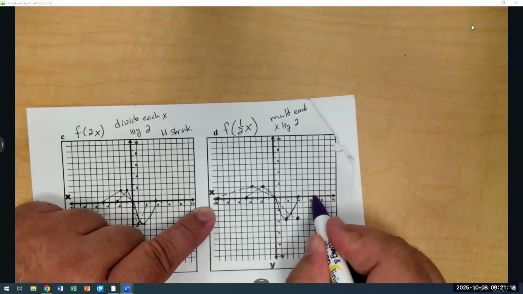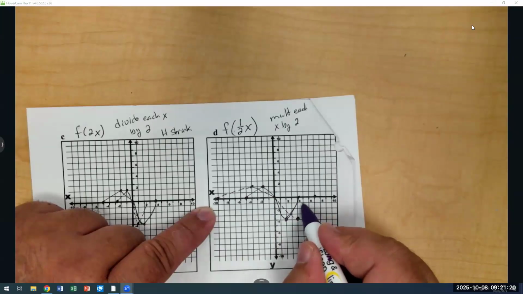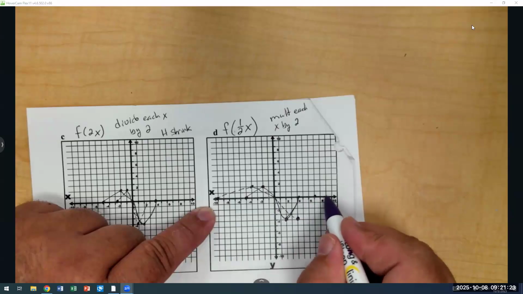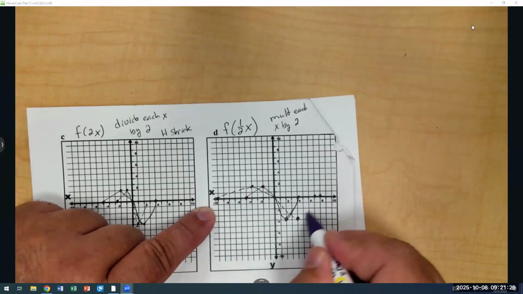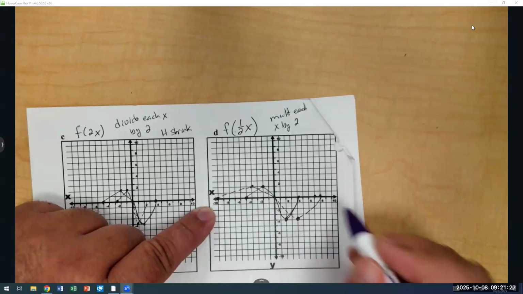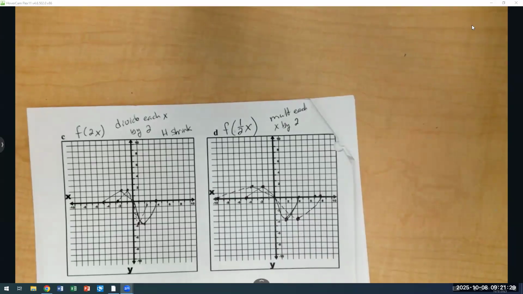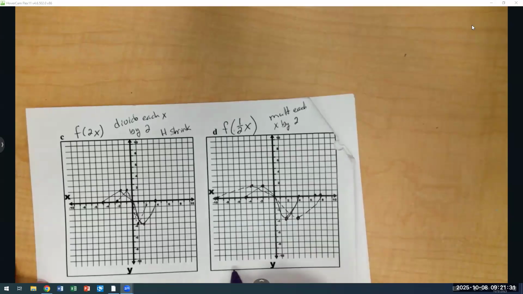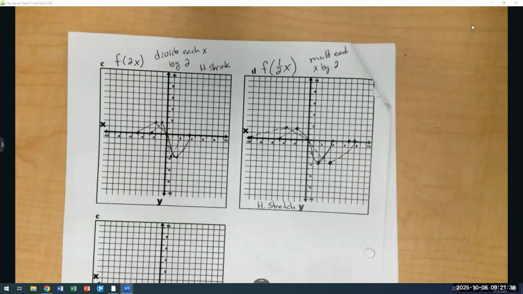And 4 becomes 8. So this is a horizontal stretch, because if it happens inside, it's opposite of what it tells me to do.